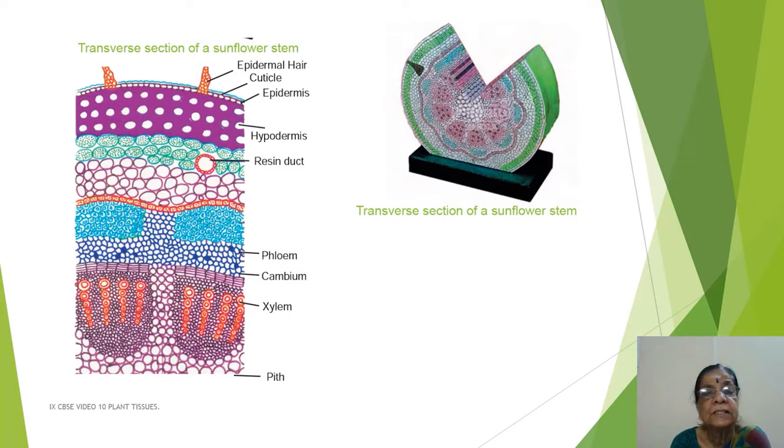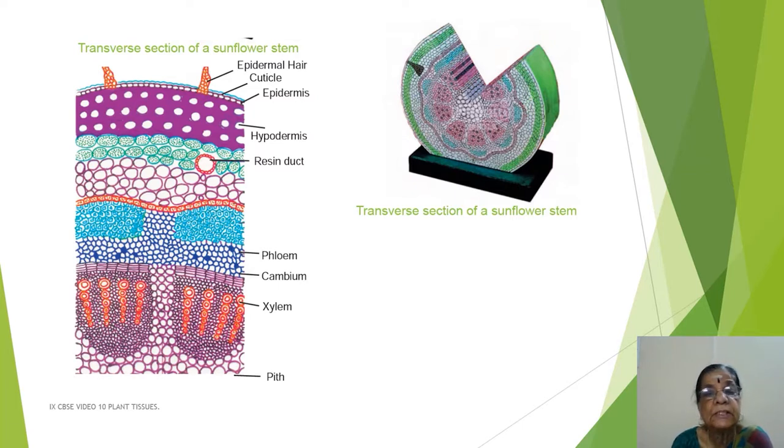This epidermis is covered by another layer called cuticle, which prevents transpiration. What is transpiration? Evaporation of excess water from the leaf in the form of water vapor. We studied this in 7th standard, right?